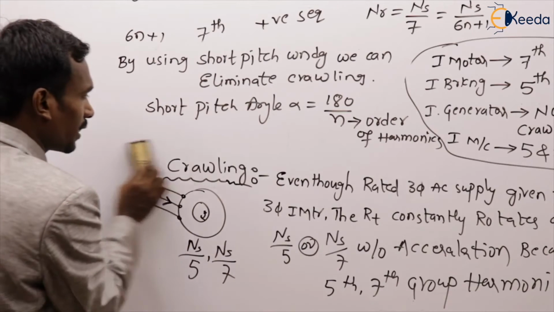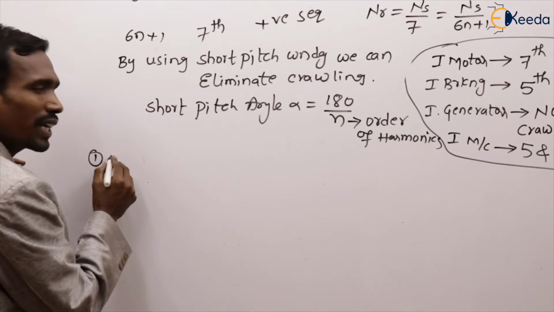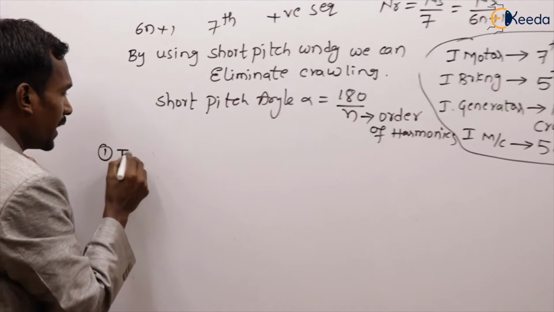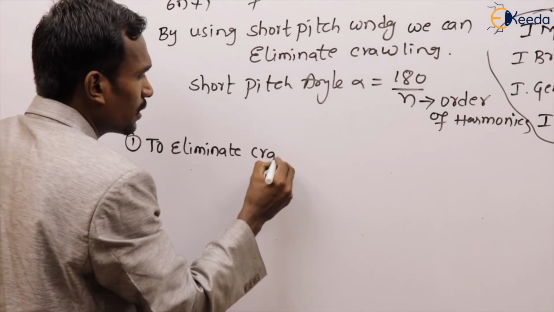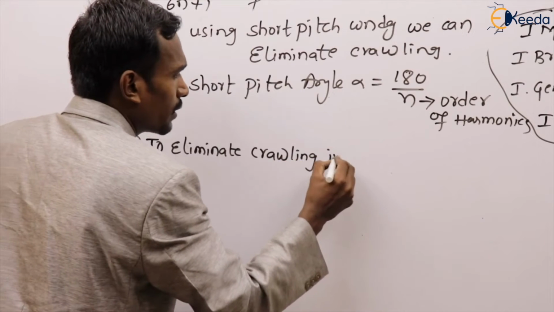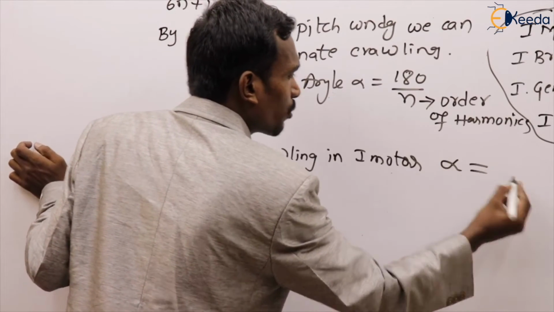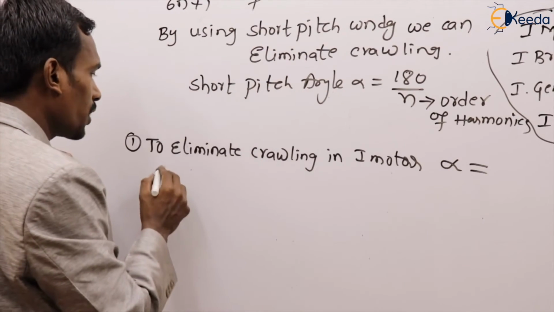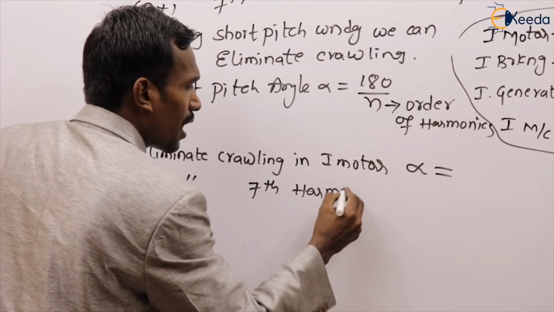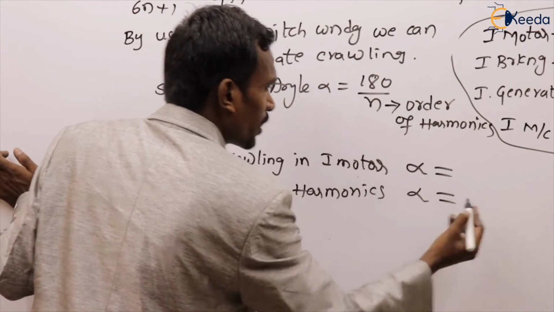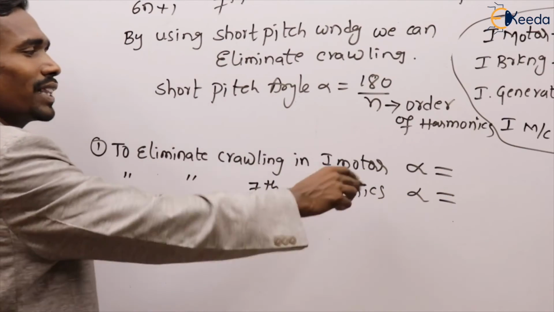Now the questions they are asking. First question: how can we eliminate crawling in an induction motor? To eliminate crawling in an induction motor is nothing but to eliminate 7th order harmonics.